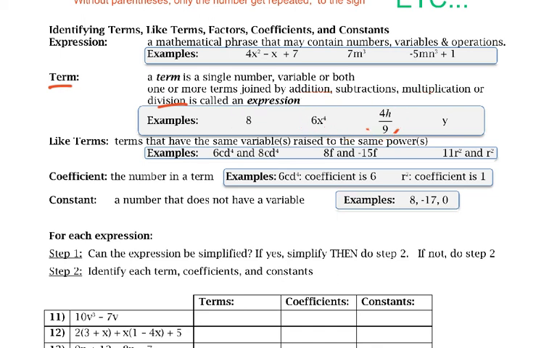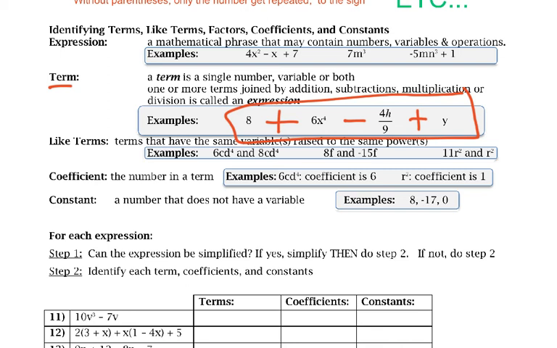And then if I have 2 of these, if I said like 8 plus 6x to the 4th, that would be one expression with 2 terms. If I said 8 plus 6x to the 4th minus 4h divided by 9 plus y, that would be one expression with 4 terms. So those are some examples of that.